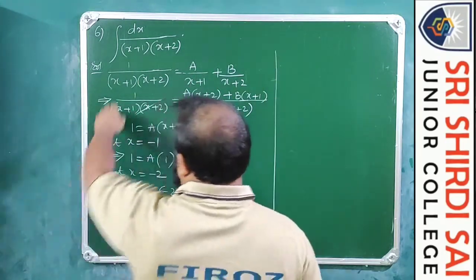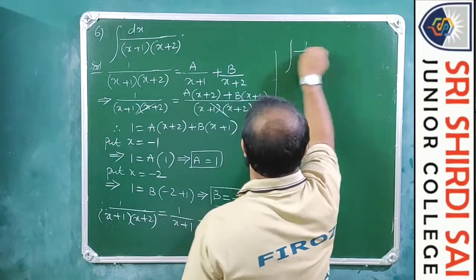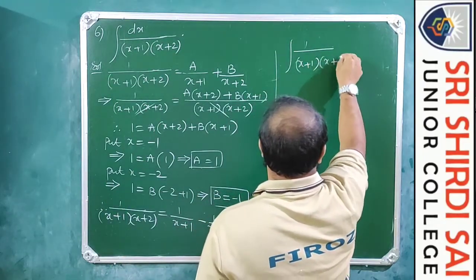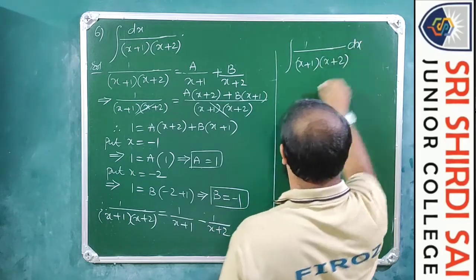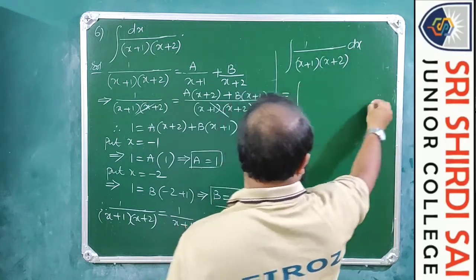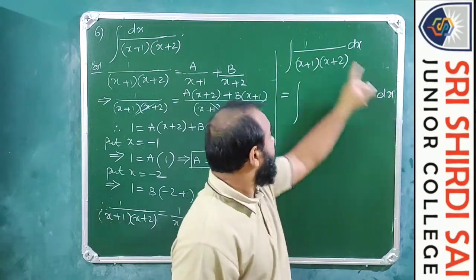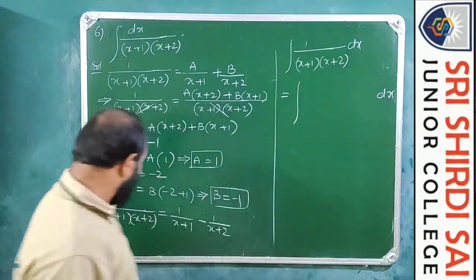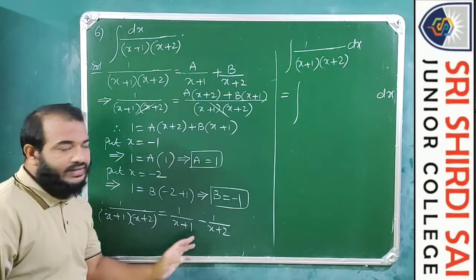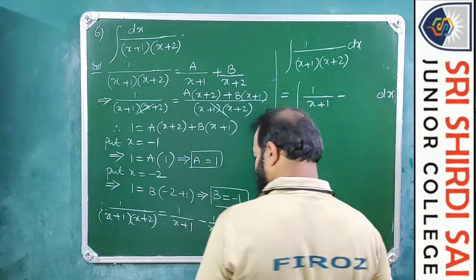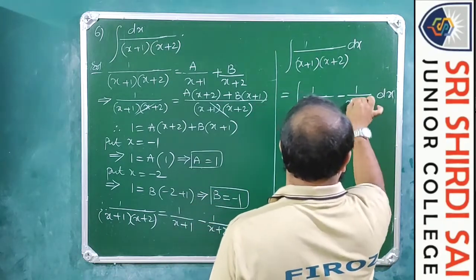Now integral 1 by (x plus 1) into (x plus 2) into dx is equal to integral dx, which is the same, of 1 by (x plus 1) into (x plus 2) that we have just derived. So this is 1 by x plus 1 minus 1 by x plus 2.